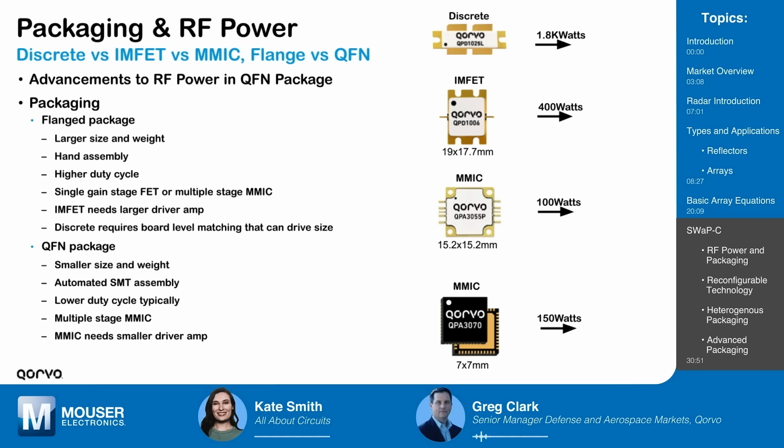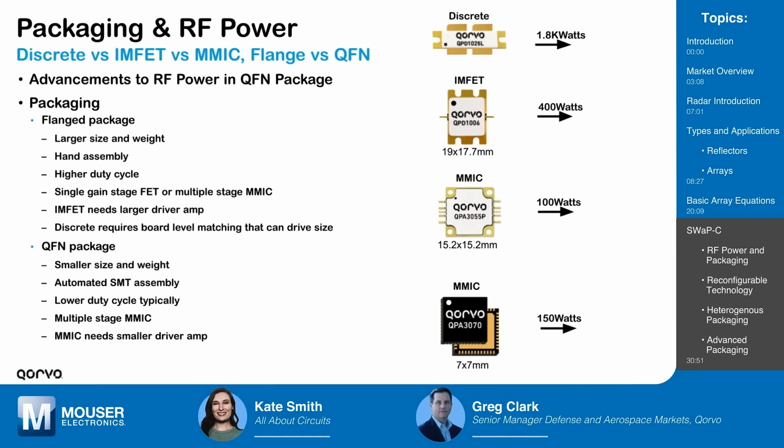They tend to be single gain stages for the FETs. Multi-stage MMICs, for that one third from the top where it says MMIC, around 3055 is the part number there. The IM FET, which is the one just above that, needs a driver stage because it's a single stage amplifier typically, although I'm seeing multi-stage IM FETs.